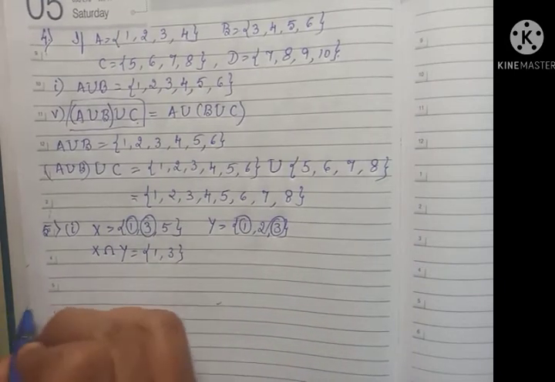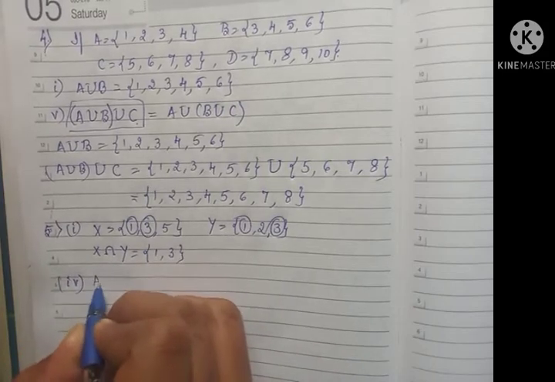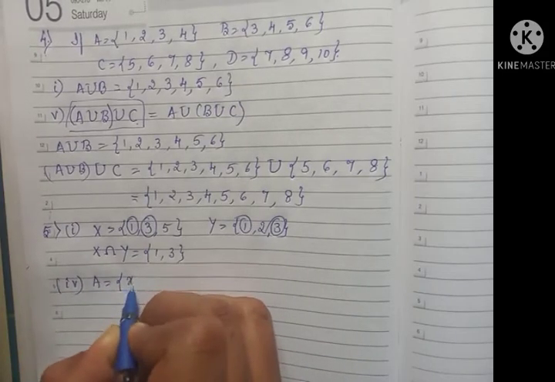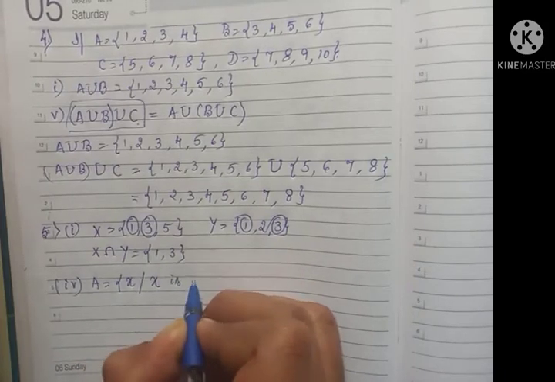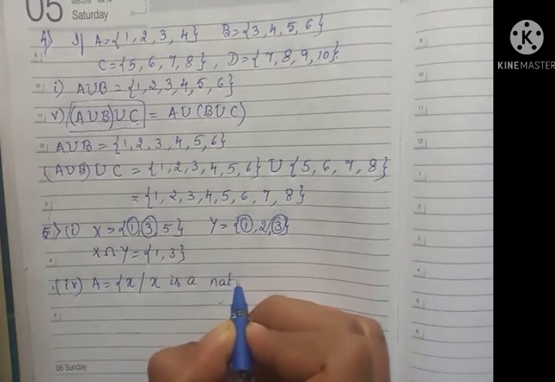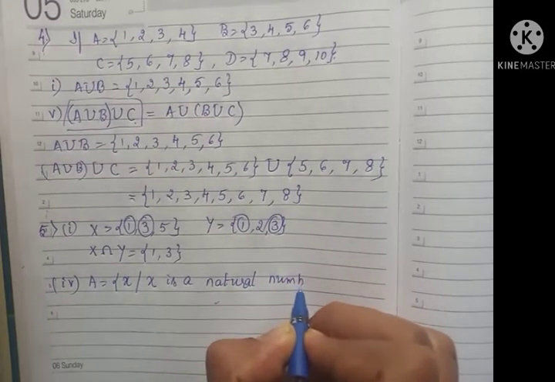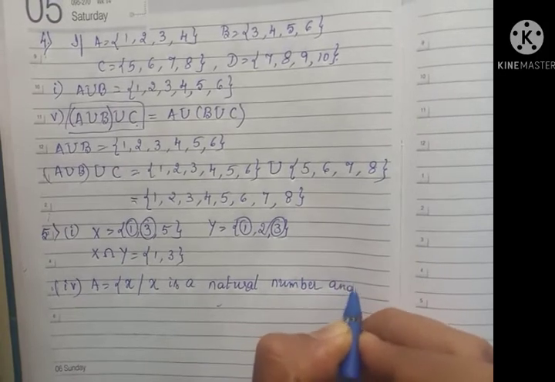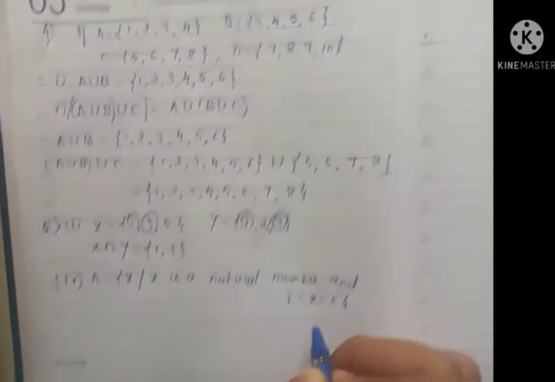Next, I'll take the fourth one. A is a set having the elements given in set builder form. Set of all X such that X is a natural number and 1 is less than X less than 6.